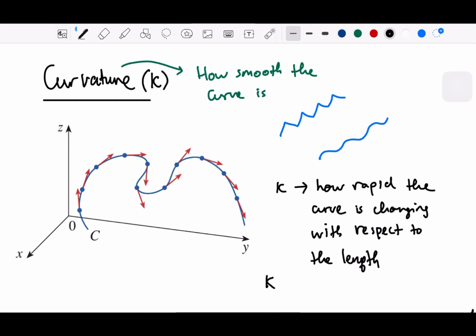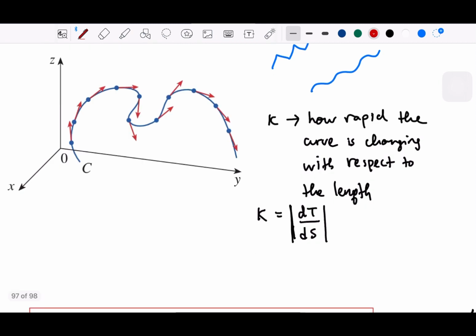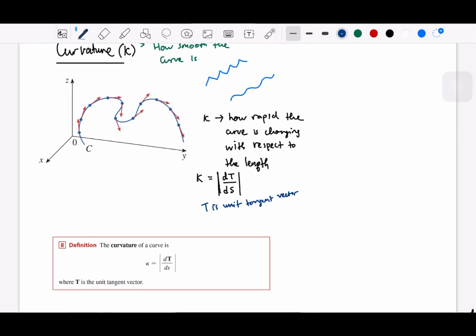The basis for the curvature is the ratio between dT and ds, where T is the unit tangent vector.